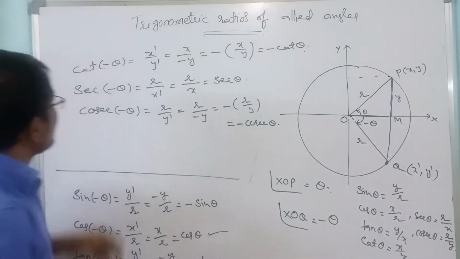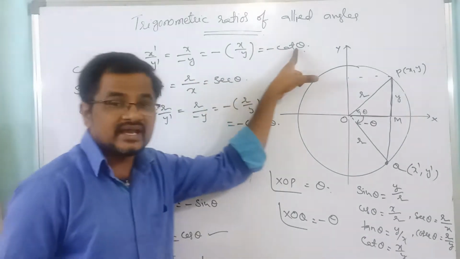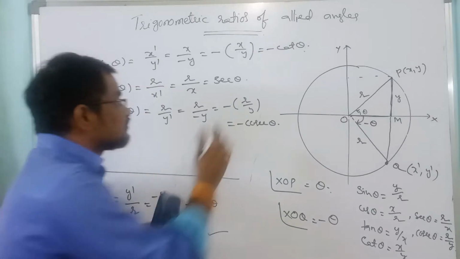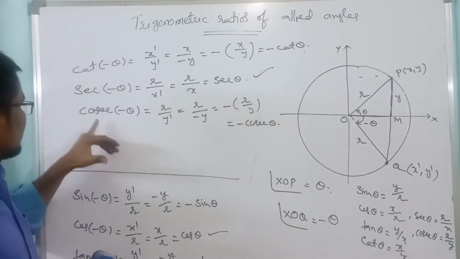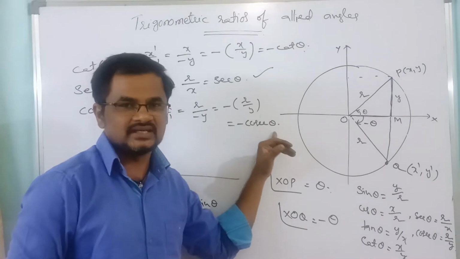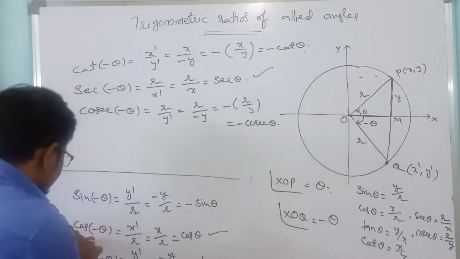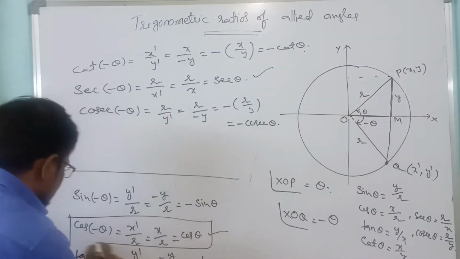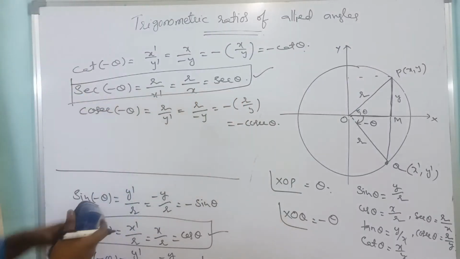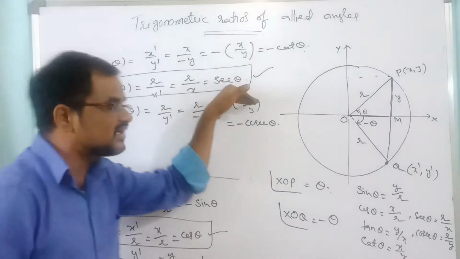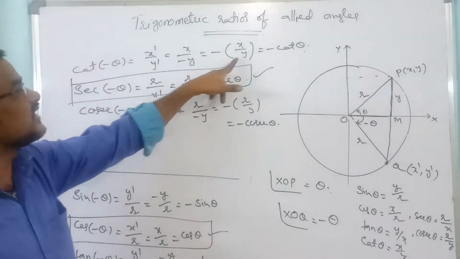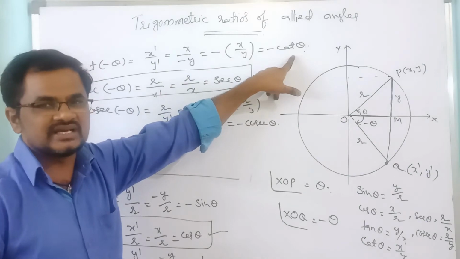Next, cot of minus theta is minus cot theta. Secant of minus theta is plus secant theta. Next, cosecant of minus theta is minus cosecant theta, right? Means for the cos and secant, the cos of a negative angle and the secant of a negative angle are what? Positive only. But for the remaining 4, we get the negative of that trigonometric function, right?